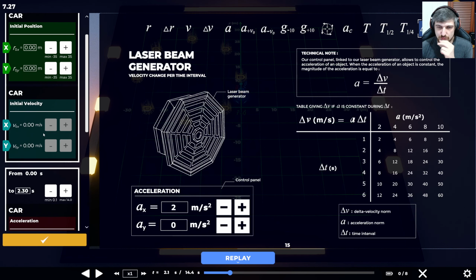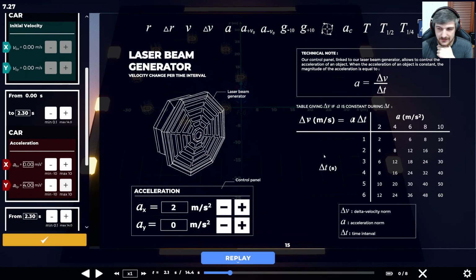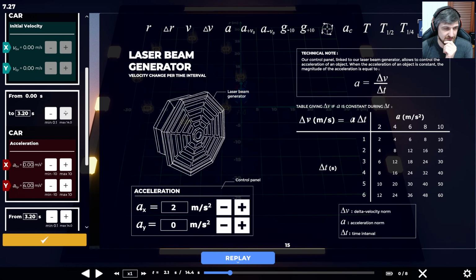We can change our initial position to get up to speed in time. So if we reach, we need to hit 15, right? So let's say we go 4, and we do that in 4 seconds, right? That's 16. So let's say we have 4 seconds to do that.